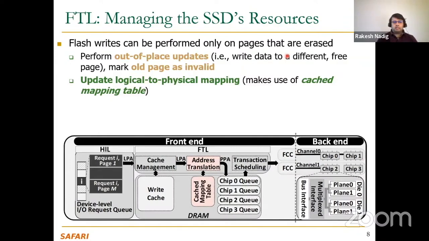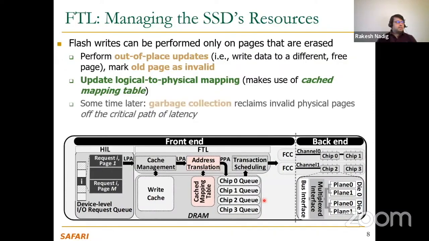To improve the performance, there is also a cached mapping table, which means that there is a DRAM component within the SSD, where this mapping table is partially stored to improve the lookup of the mapping table entries. So this is about the mapping table.